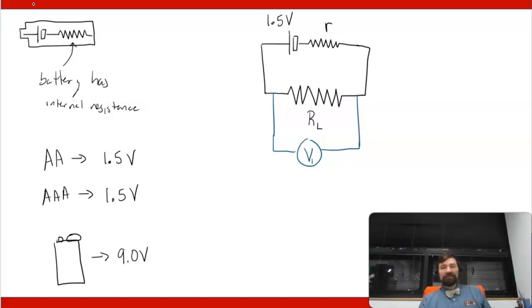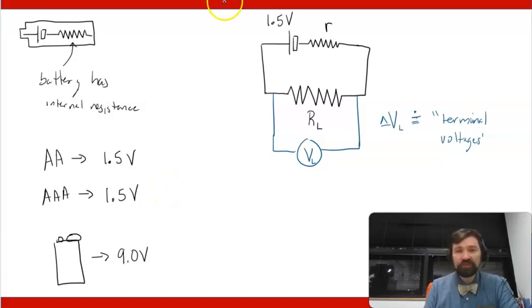So this voltage that I've measured, V load, is also sometimes called terminal voltage, or delta V load. It depends on not only the battery's 1.5 volts, but also on the relative values of the internal and load resistances.